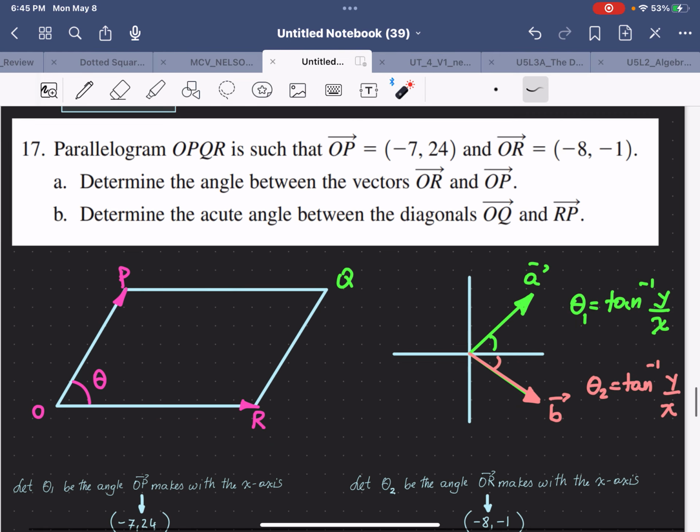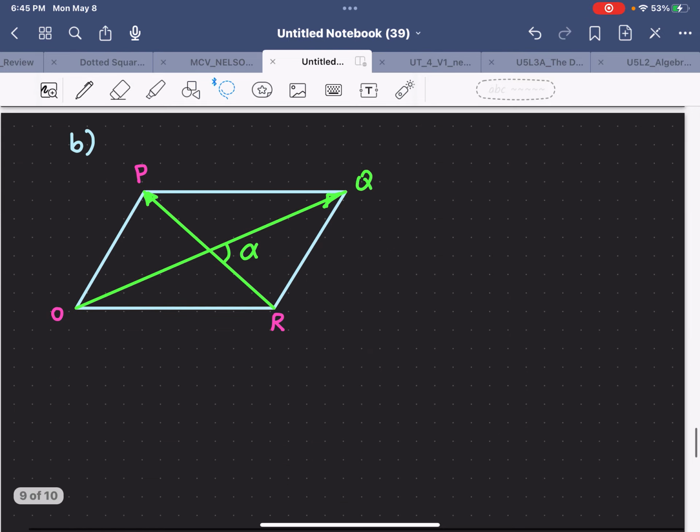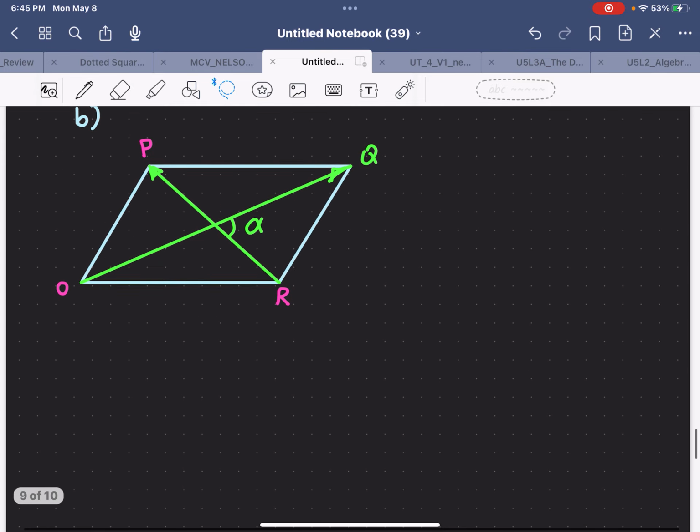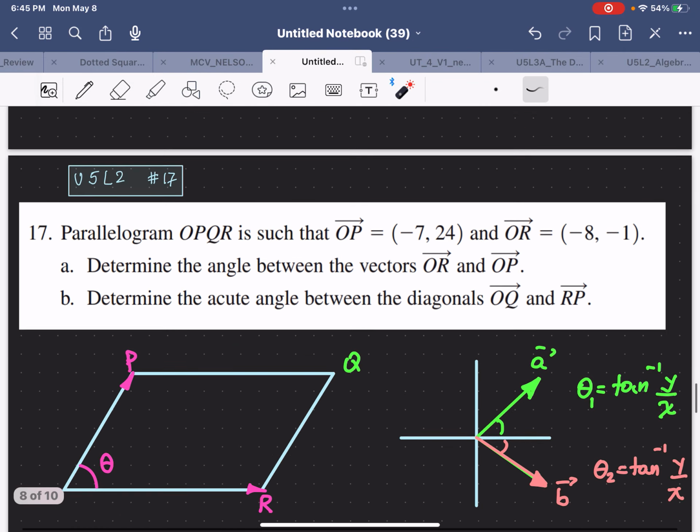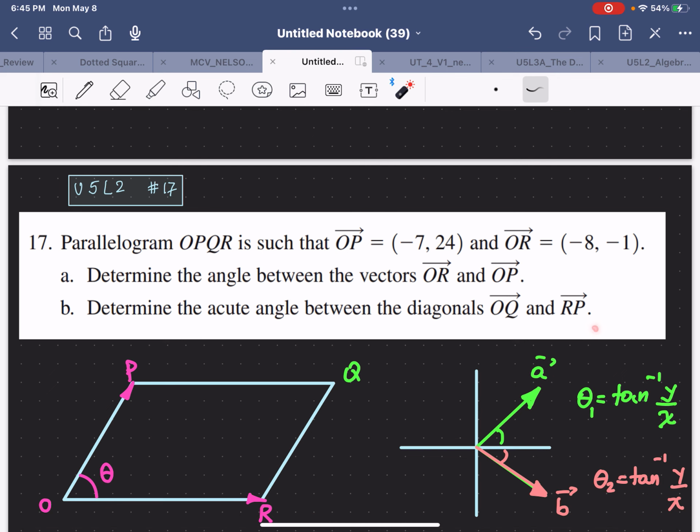Okay, so in question 17b, we need to find the acute angle between the diagonals OQ and RP. What I'm going to do is grab the same diagram because I don't want to make the diagrams too crowded. I prepared it before. Cool. So we're trying to find the angle made between the diagonals OQ and RP. Okay, OQ and RP, perfect.